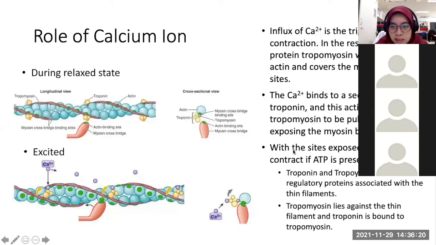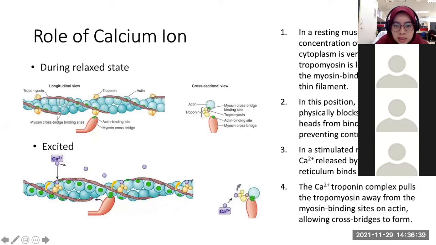With the sites exposed, the muscle will contract if ATP is present. Calcium prepares our muscle to be able to contract, but the presence of ATP allows the contraction to occur. This is the same mechanism, just from the point of view of the calcium ion.